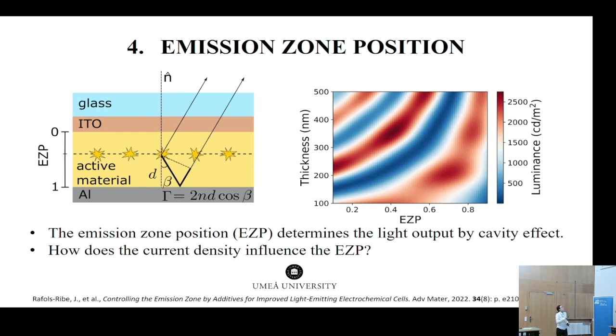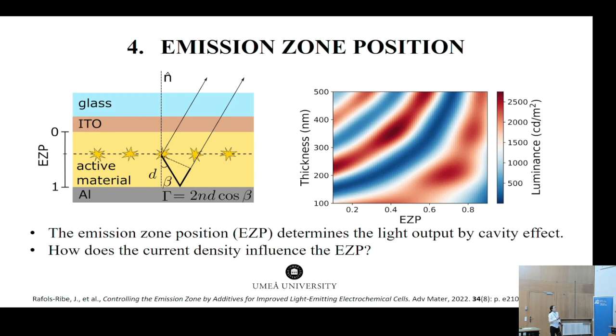If it is destructive interference, then the emitted luminescence will be pretty low. However, if it is constructive, for example, in these red regions, there will be high luminescence. By the way, these figures show the simulated forward luminescence with different thickness of active layer and different emission zone position.